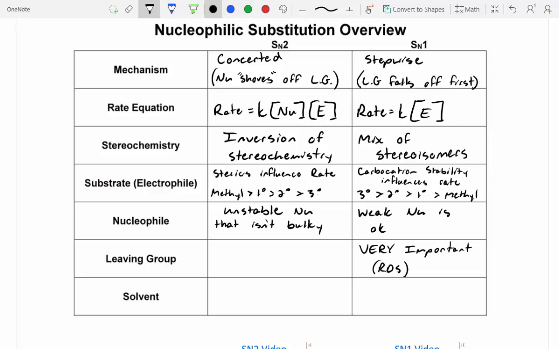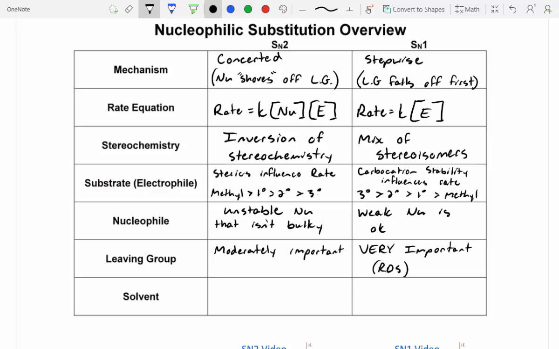In SN2, it's moderately important. It's involved in that rate determining step. However, the nucleophile is too. It's not the sole contributing factor in that rate determining step. All right, and then last but not least, for SN2 reactions, what sort of solvent do we want to use?